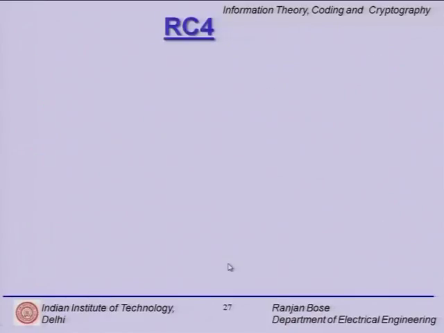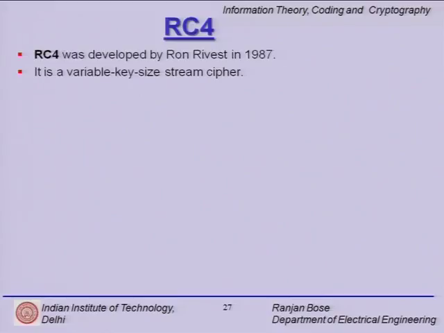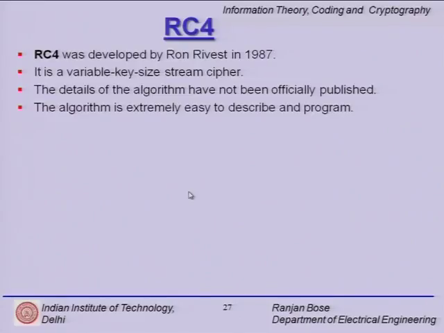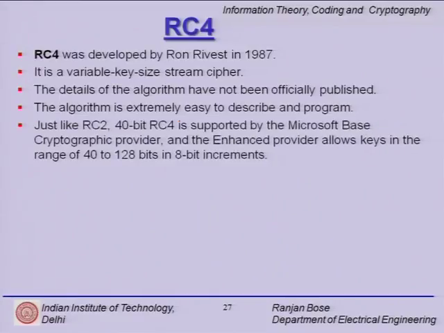Similarly, we have another example, RC4. It has a variable key size, but this is now a stream cipher as opposed to a block cipher. We do not really know the details of the algorithm, but it is very easy to describe and program, and just like RC2, it is also supported by the Microsoft based cryptographic provider.